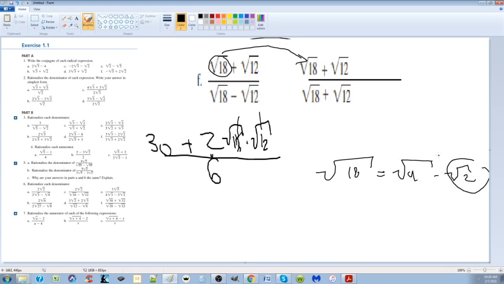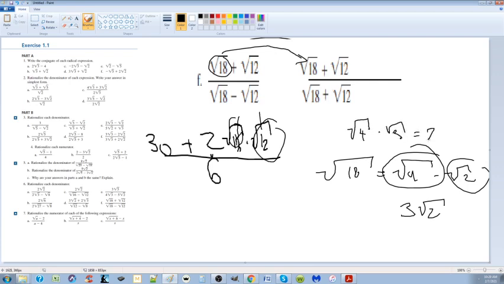Square root of 2 can't be solved, but the square root of 9 can. So it just becomes 3 times square root of 2. So this whole thing here can be replaced with that. And square root of 12 is the same as square root of 4 times the square root of 3, which is the same as 2 times square root of 3, which means this here can be replaced with that.